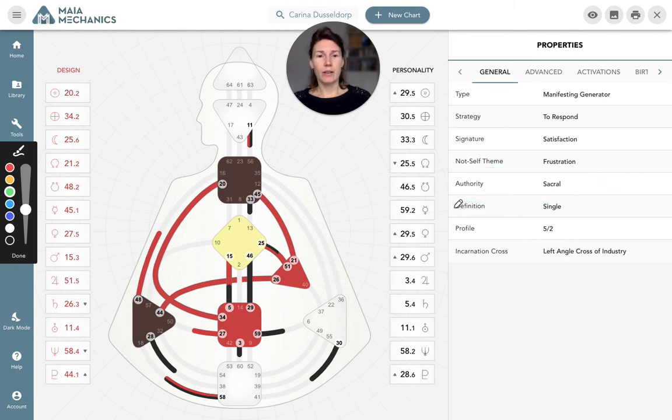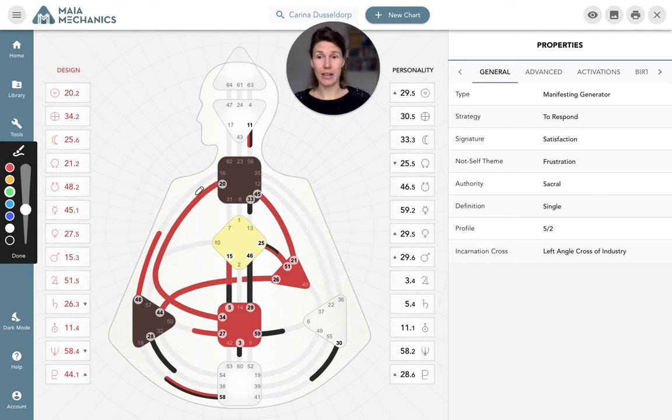And then what you see here is definition. That is all about how your life force energy flows, how your channels and the energy flow within you. For me it says single, and single means that it's all connected.